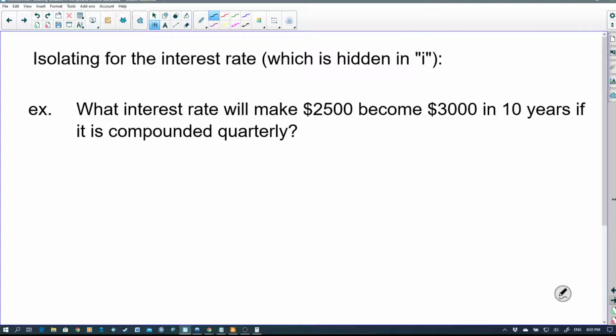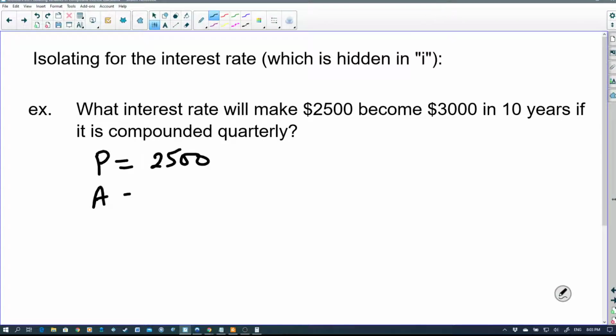So what interest rate will make $2,500 become $3,000 in 10 years if it is compounded quarterly? It's very similar to the previous example, except this time it's n that we know and i that we don't know. So what is our principal? Well, we invested $2,500.